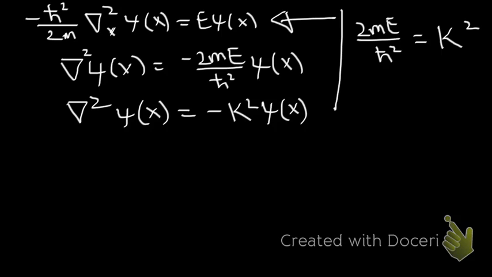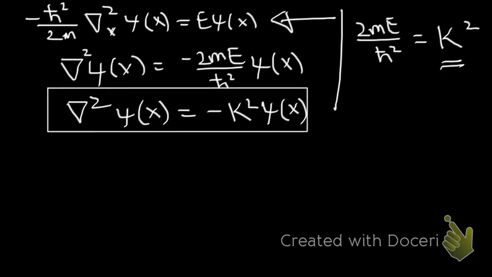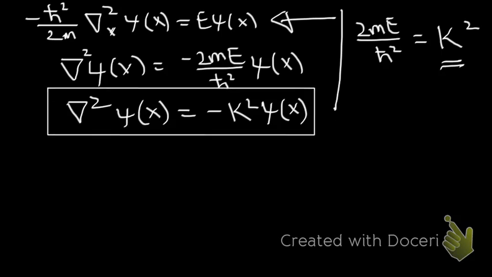We can think of k as the wave vector, and we'll see that later on. This equation, let me box this, is actually the equation for a simple classical harmonic oscillator.